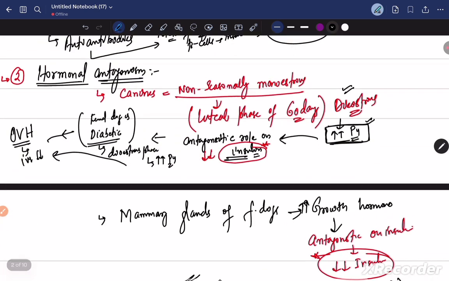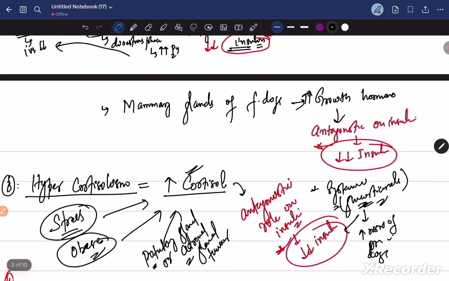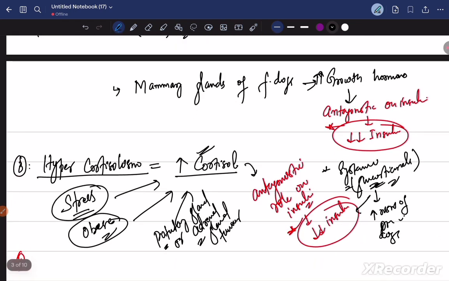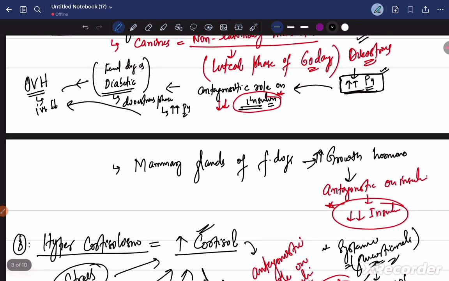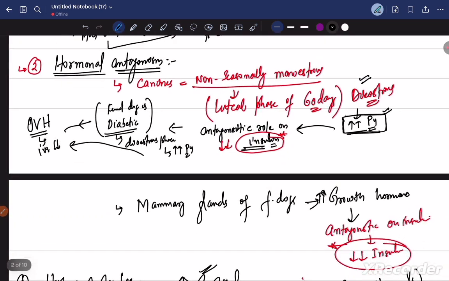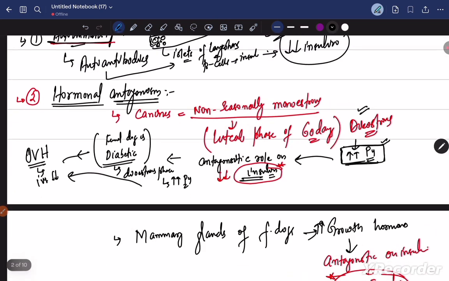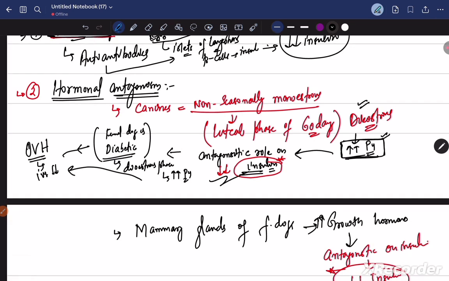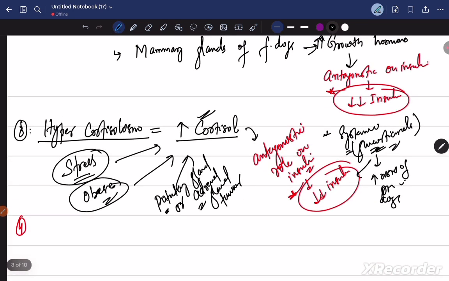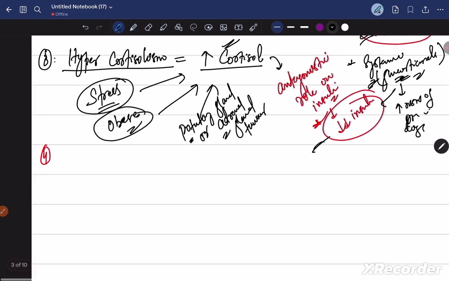I will be discussing later how this decrease in insulin leads to diabetes mellitus, or you yourself may understand this: in autoimmunity there is decreased insulin, in hormonal antagonism there is decreased insulin concentration, in hypercortisolism there is decreased insulin, and in systemic glucocorticoid therapy there is decreased insulin.